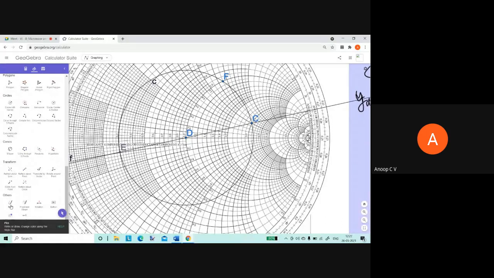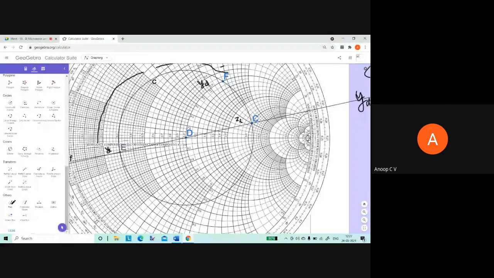C is small ZL, E is small YL, and from here I traveled in clockwise sense and found the first point intersecting, which is F. This point F is nothing but YD.